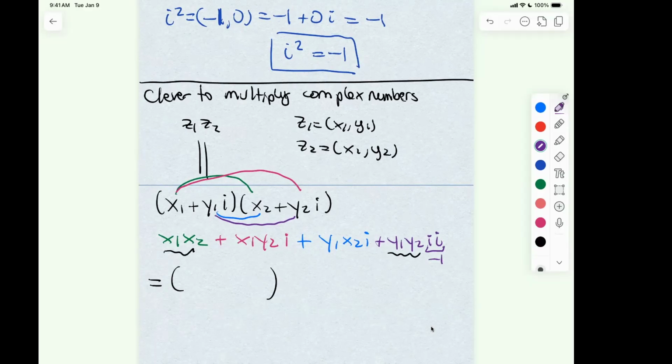You get x1 x2 minus y1 y2, right? And then let's group the stuff that has the i together, and you get x1 y2 plus y1 x2.